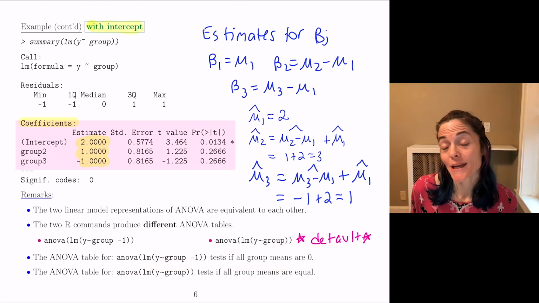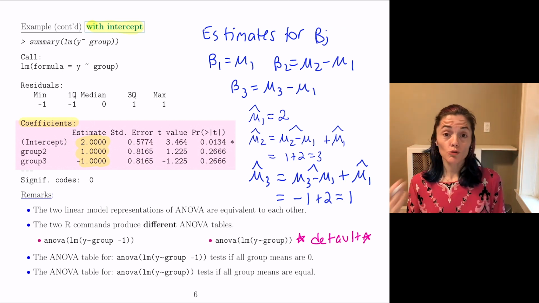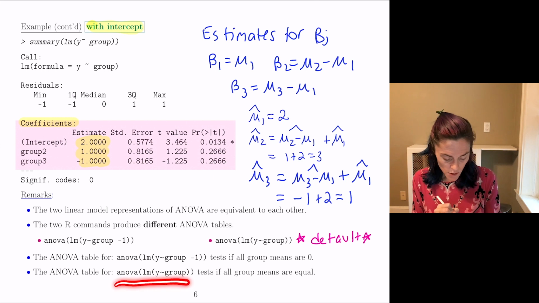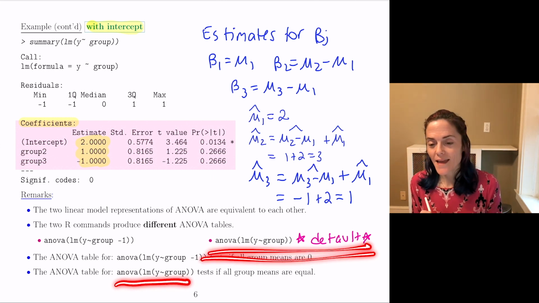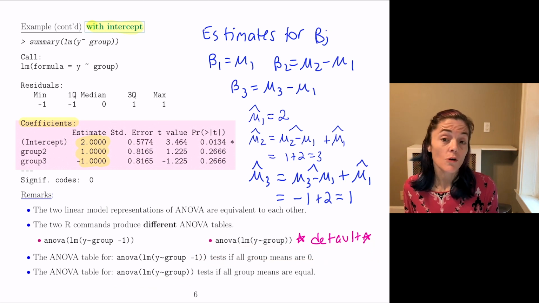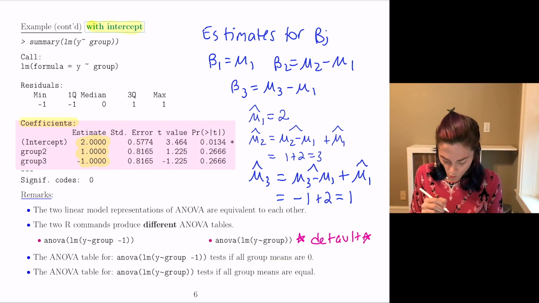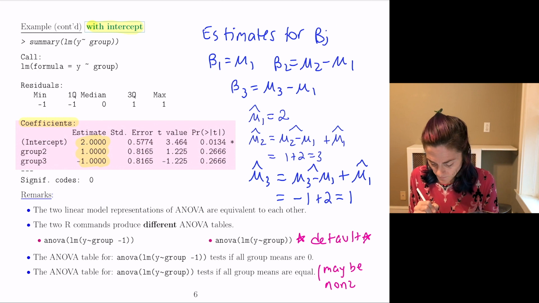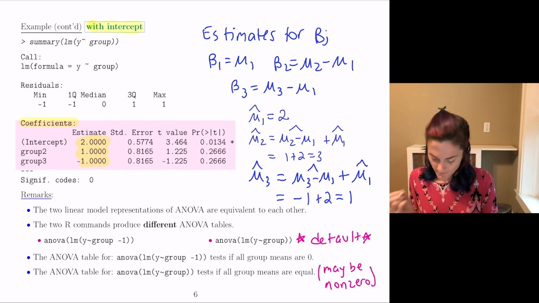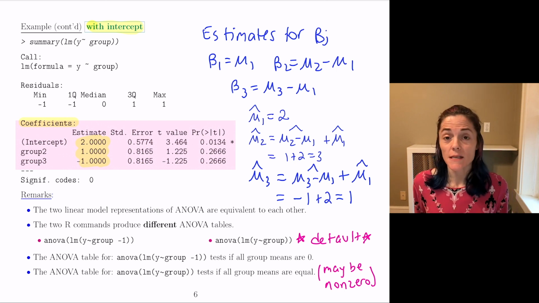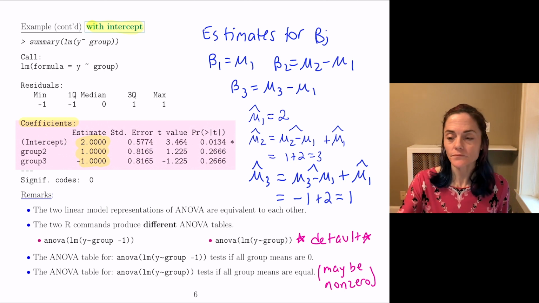Usually that's not what we're interested in. We're interested, are all group means the same? And that's what comes here. So in this default, which is the one that we used in the last lesson, this ANOVA table tests if all group means are equal, which may be non-zero.